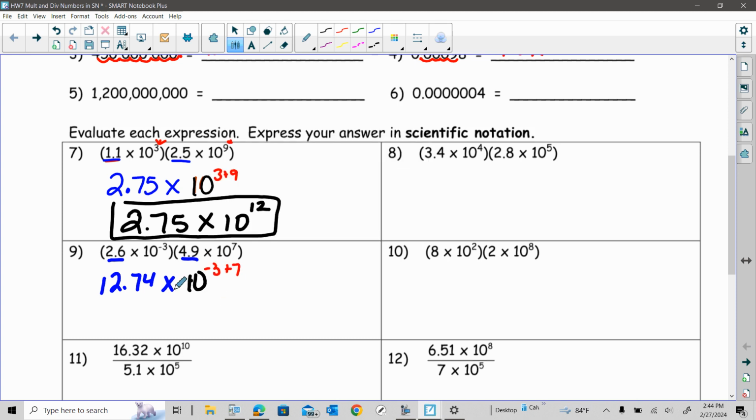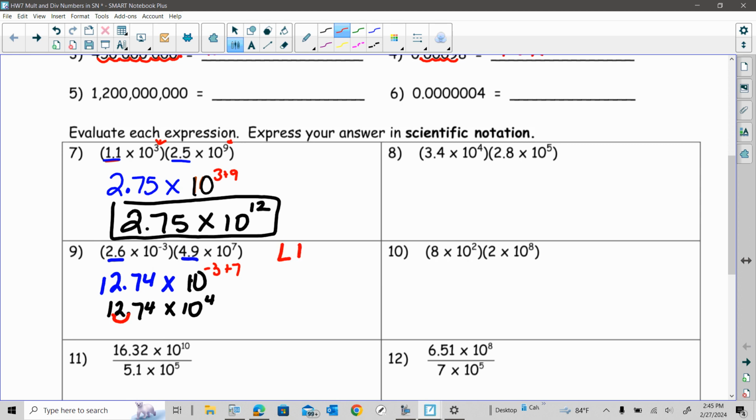And when I simplify this, I'm going to get 12.74 times 10 to the 4th power. But 12.74, this number here, is not between 1 and 10. You would need to move the decimal to the left one time.